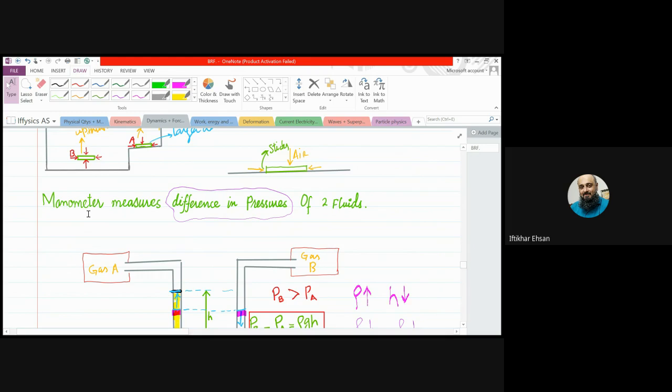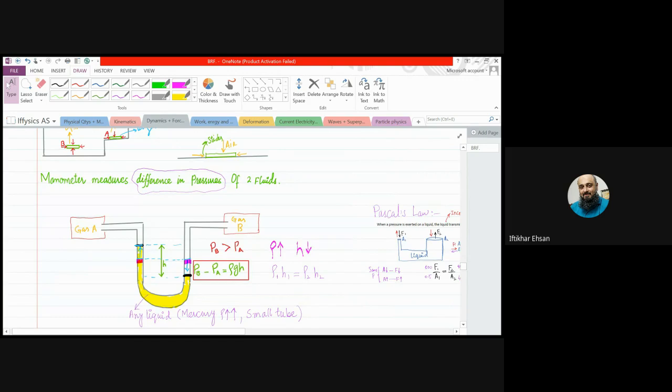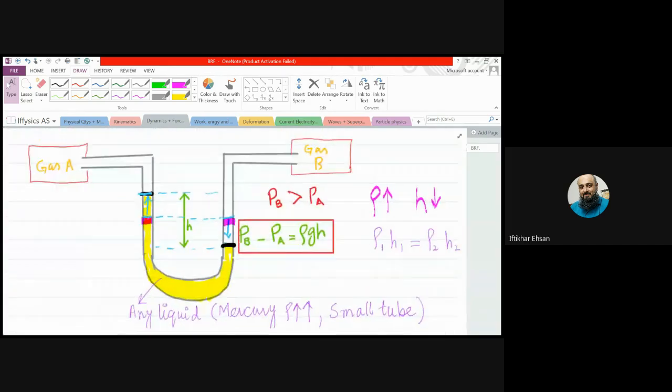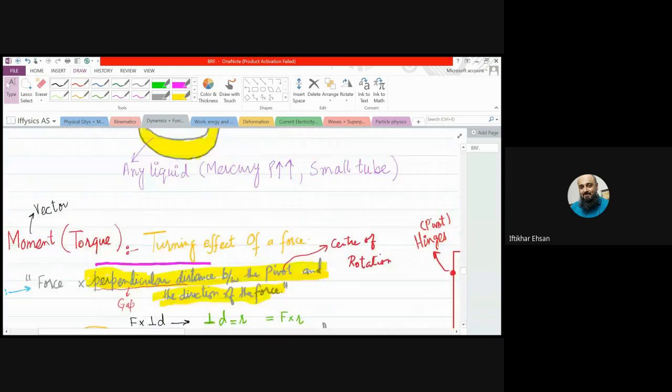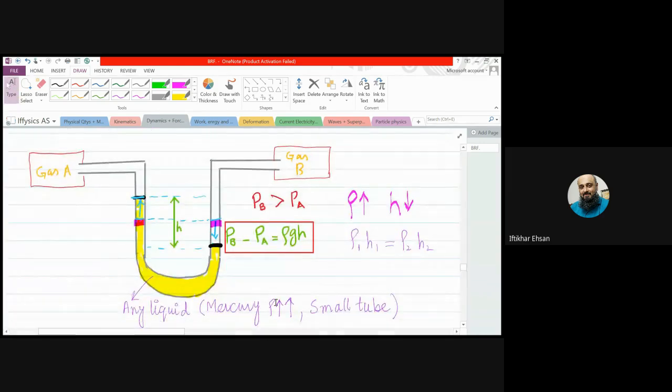If you see that in cubic form, the tube will again be a U-shaped tube. So a manometer is actually a U-shaped tube which can be filled with any liquid. Initially, what will happen if you pour the liquid into it? It could be any liquid, but if we use mercury, as mercury is very dense, dense materials have lesser volume. They cover less space.